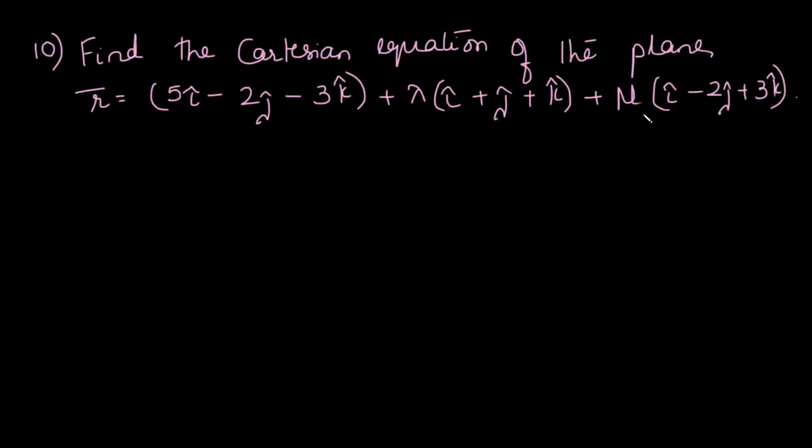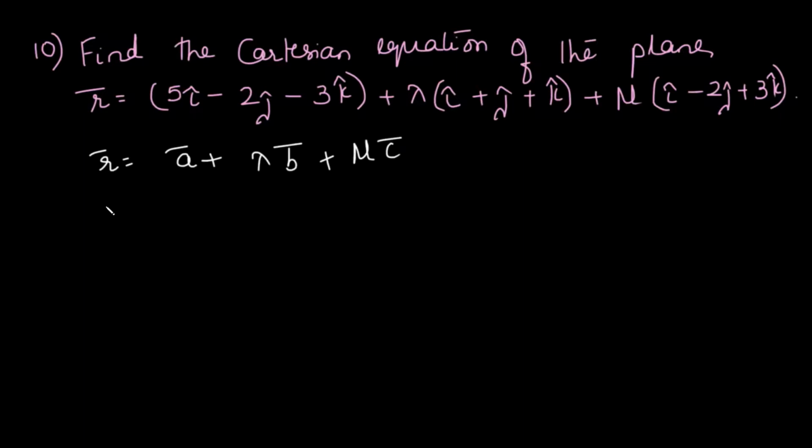Now compare this equation to the form r = a + λb + μc, where a is a point on the plane, so a is represented by this first vector, and b and c are vectors which are parallel to the plane. We had seen this equation just now, some time ago.